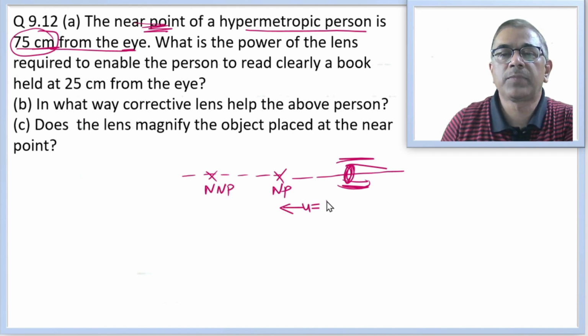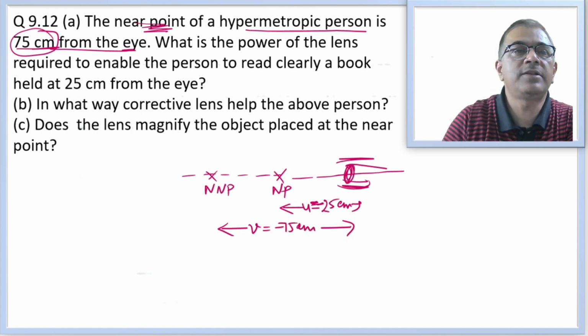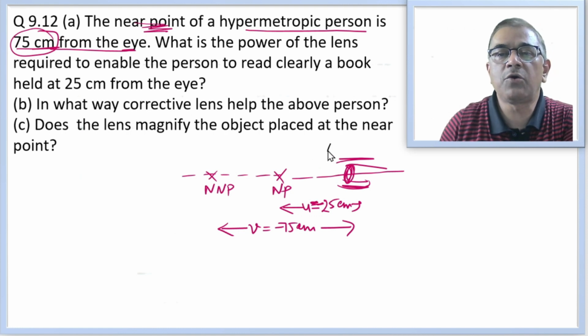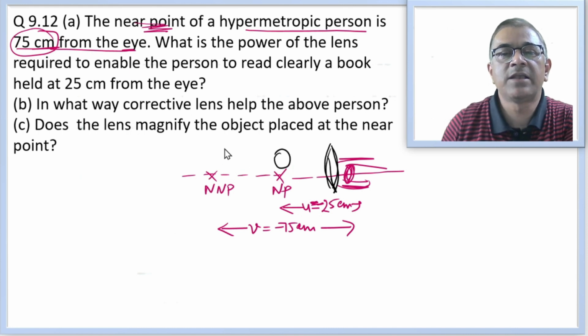U is equal to minus 25 centimeter, and V is equal to minus 75 centimeter. I wish I could have written this after putting a convex lens. You see the role of this convex lens, we know, is to make the image of an object at a place where I can see with clarity. So this is the position of the object, and its image is formed at the near point.